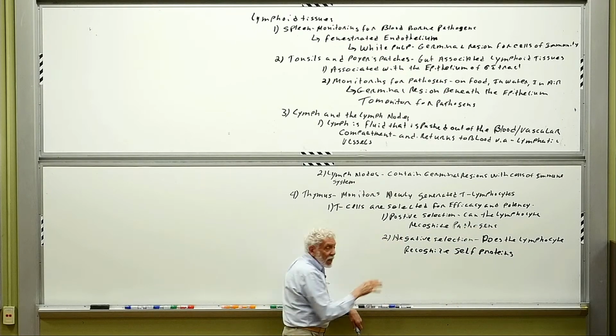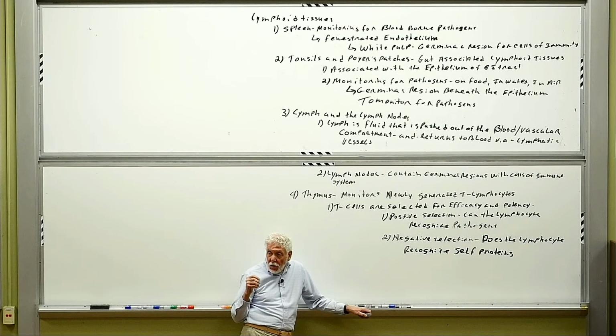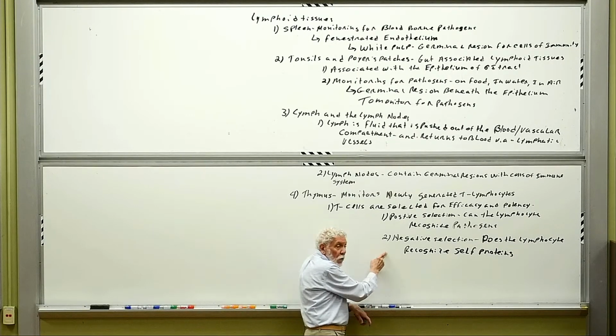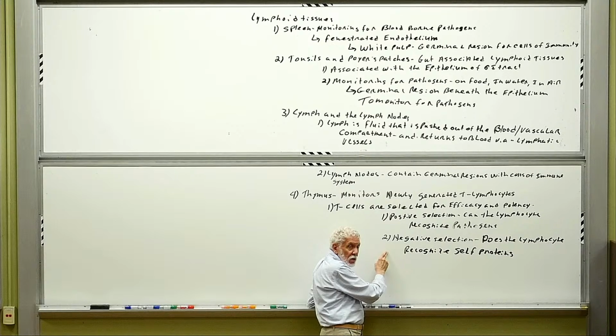If you generate lymphocytes, particularly cells whose destiny will be to kill other cells, kill virus-infected cells, potentially kill cancer cells, if you have these T lymphocytes going around randomly in the body, recognizing your own proteins and killing your own cells, that's bad. That's an autoimmune disease. So one of the things the thymus does is it selects for T lymphocytes that can recognize foreign proteins but don't recognize our own.